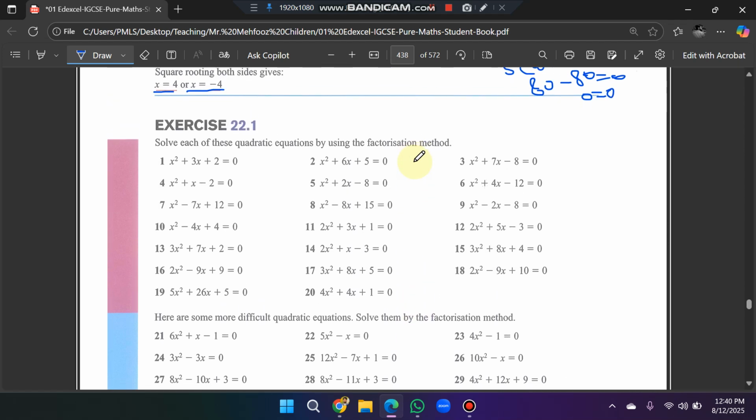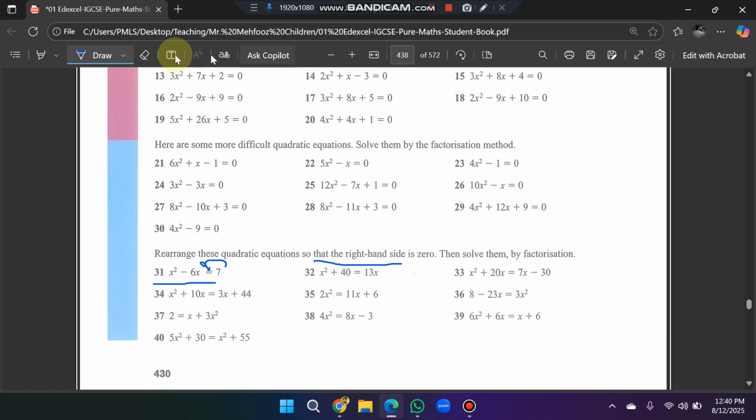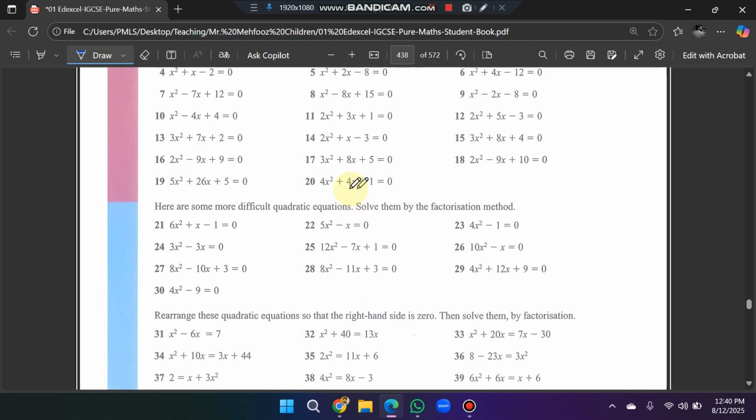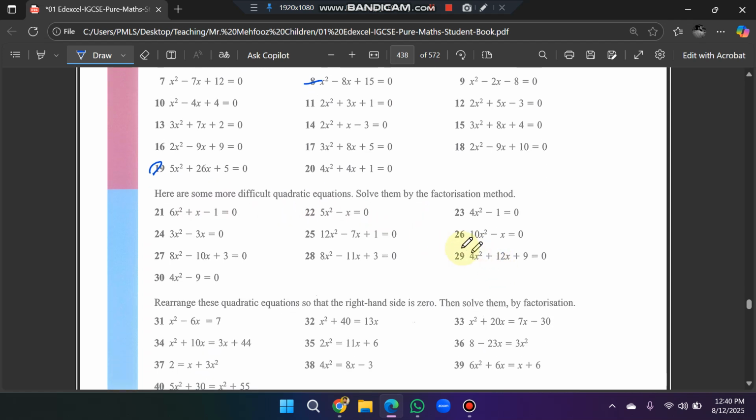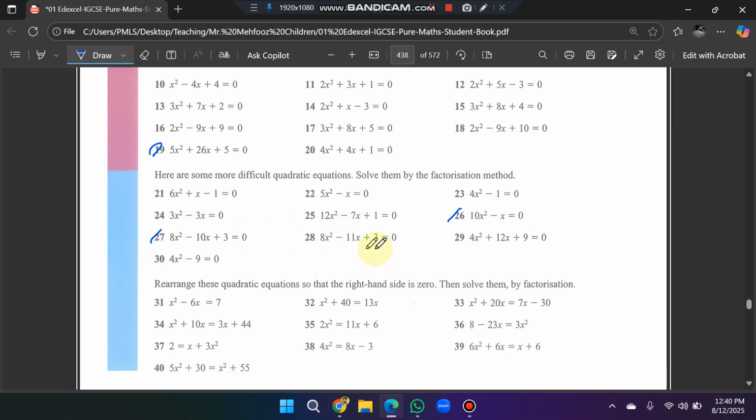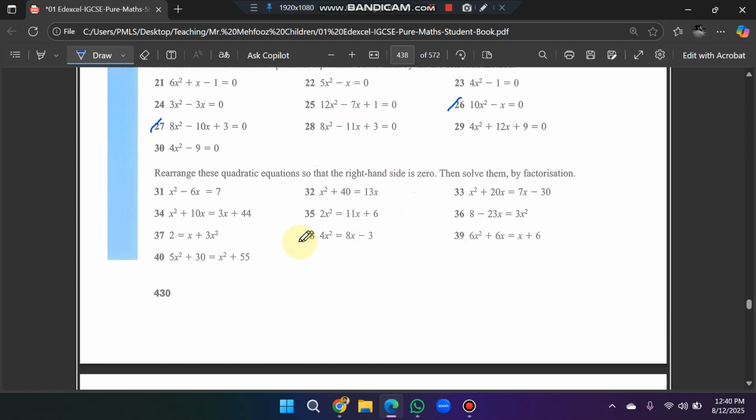So I gave you some questions from this exercise. You have to do some questions, but first of all you have to do the examples. The questions are question number 8, question number 19, question number 26, question number 27, question number 38, and question number 39.